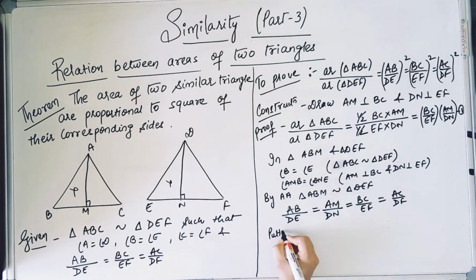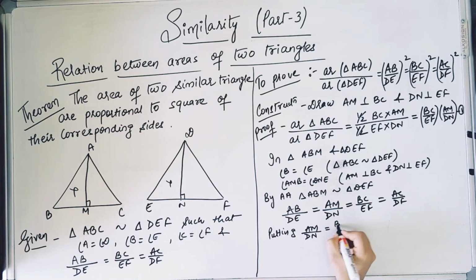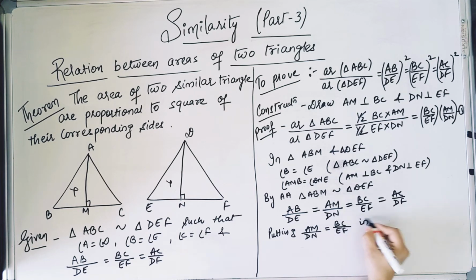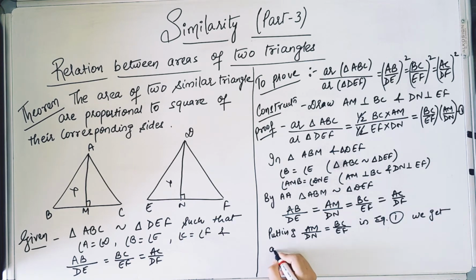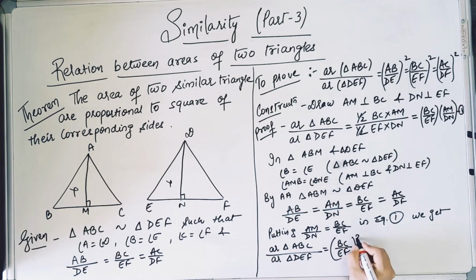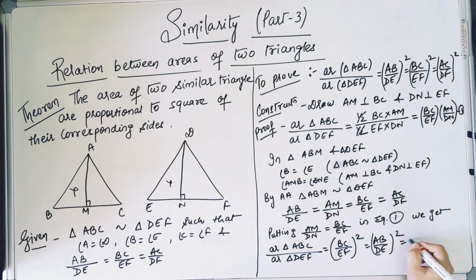Putting AM by DN equals BC by EF in equation number 1, we get area of triangle ABC by area of triangle DEF equals BC by EF whole square, which equals AB by DE whole square, which equals AC by DF whole square, and this equals AM by DN.